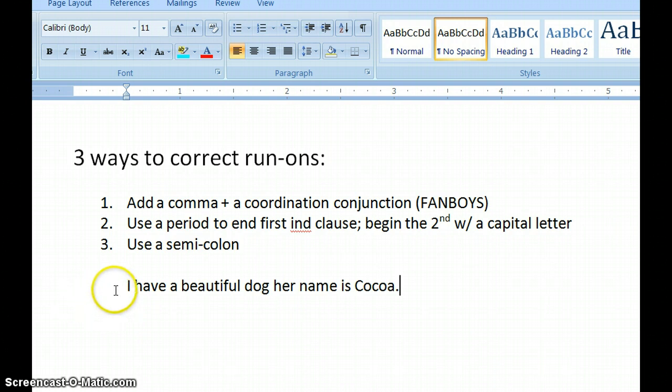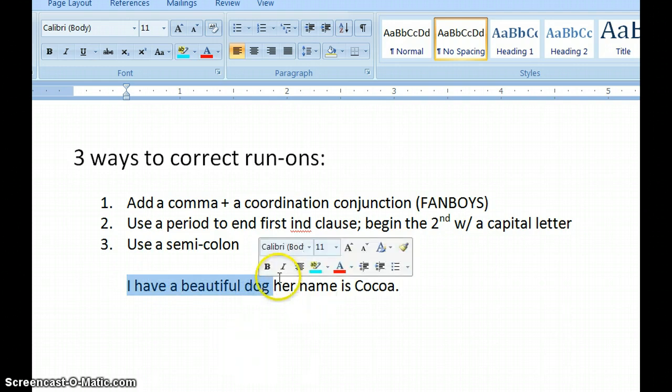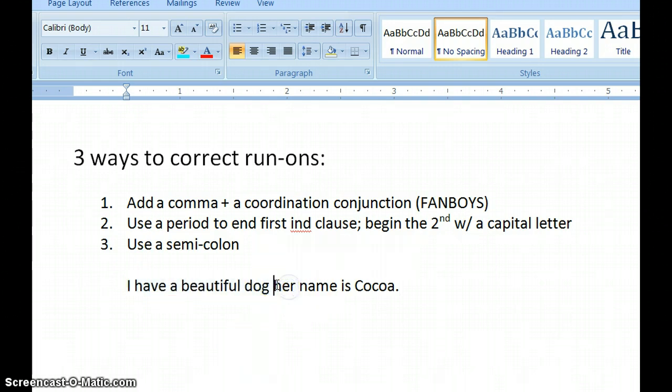Okay, first independent clause is, I have a beautiful dog. And the second independent clause is, her name is Coco. So let's look at how each one of these would look again.